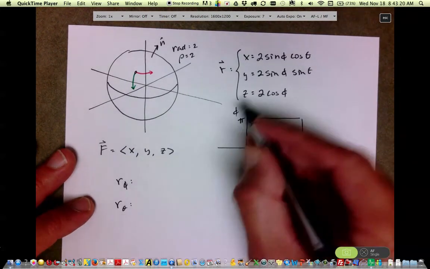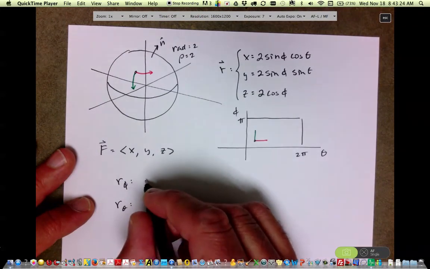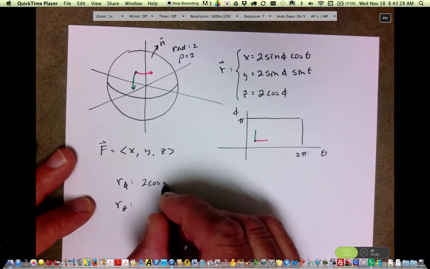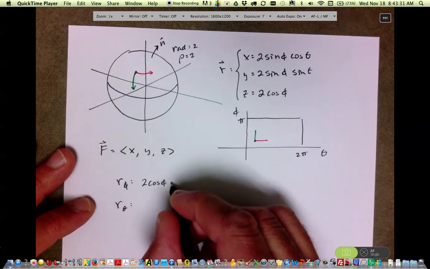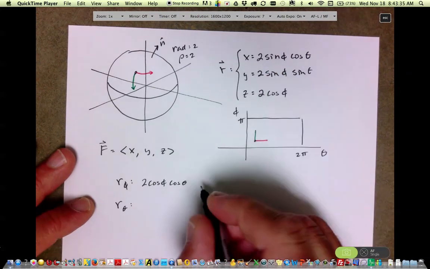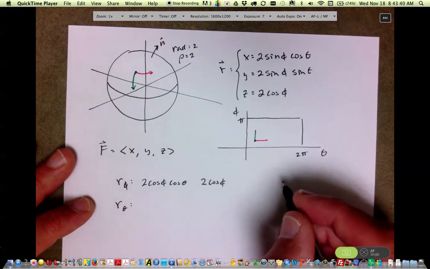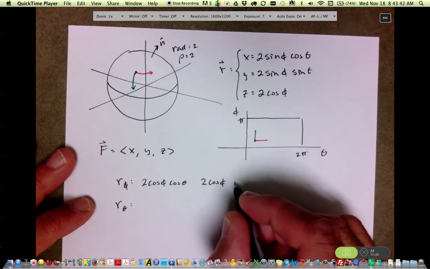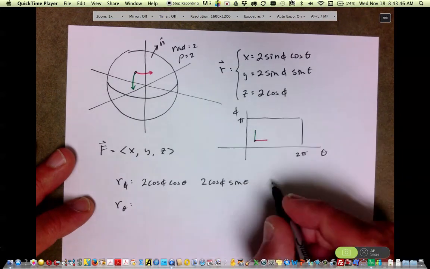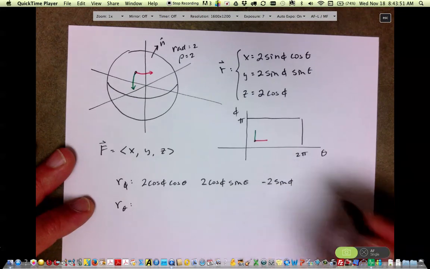We're going to take the derivative of these with respect to phi, so r phi is going to be: the derivative of 2 sine phi gives me 2 cosine phi times cosine of theta. The derivative of the second one is going to be 2 cosine phi sine theta. And the derivative of the last one is going to give me negative 2 sine of phi.